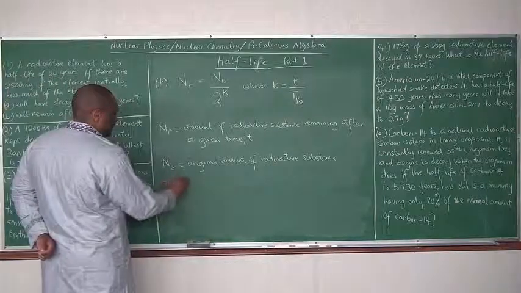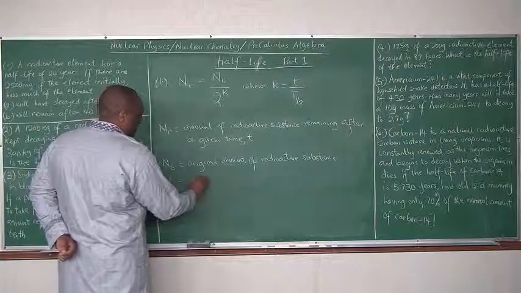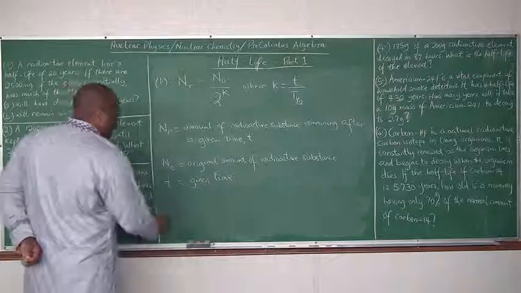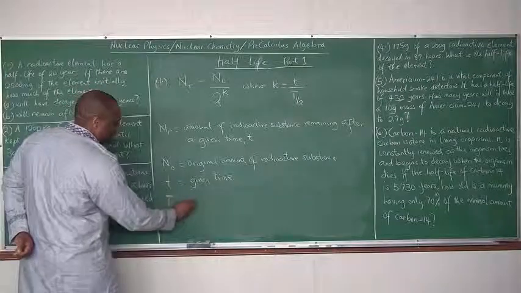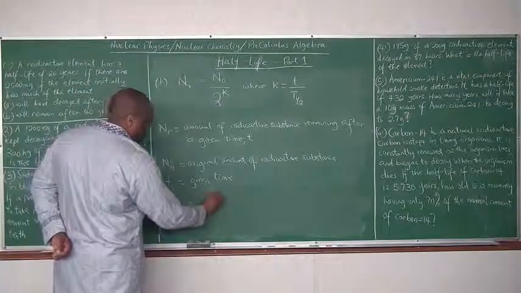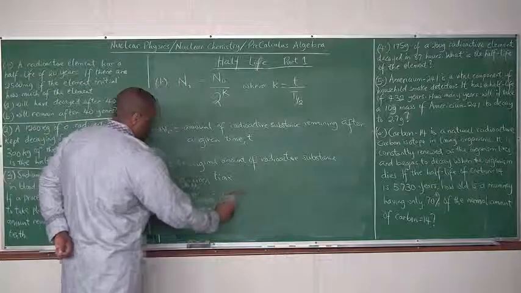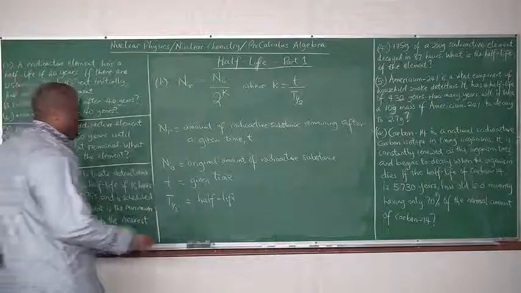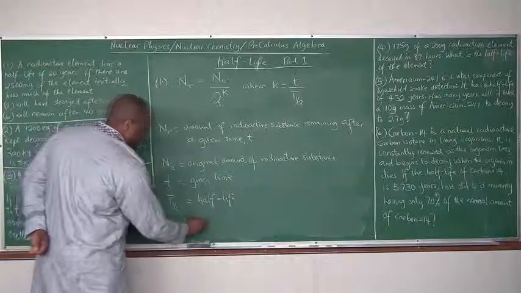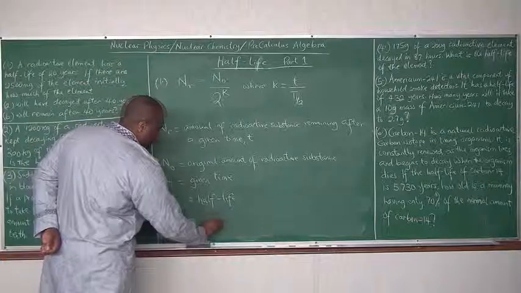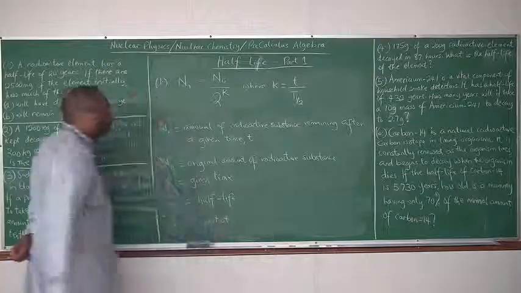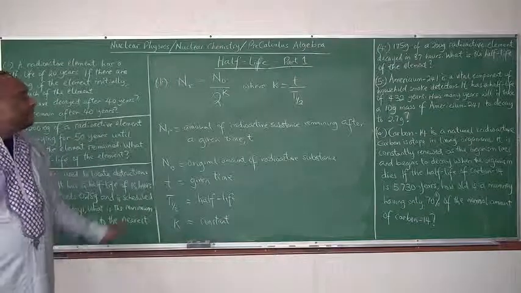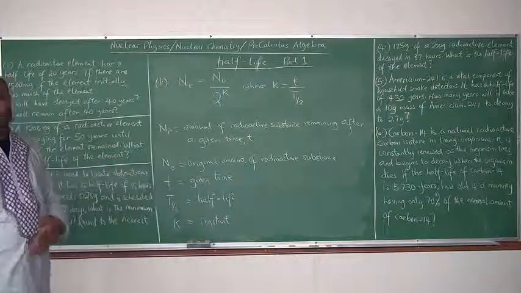T is a given time. T subscript half is the half-life. K is just a constant. That's it. That is the first formula which I really like to use.